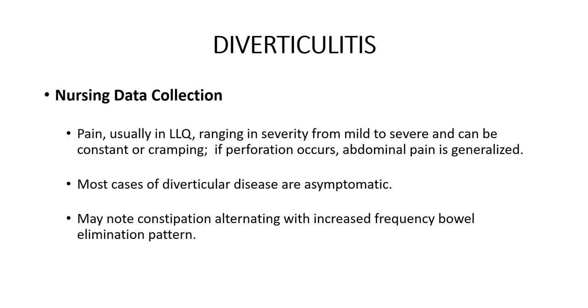They may even have some guarding. You go to do your assessment, they're like, oh, don't touch there. So that's possible. That's also an indication that something is going on in that abdominal area. And like I said, if the diverticula rupture because of an abscess, we're thinking peritonitis. The bowel sounds will change.